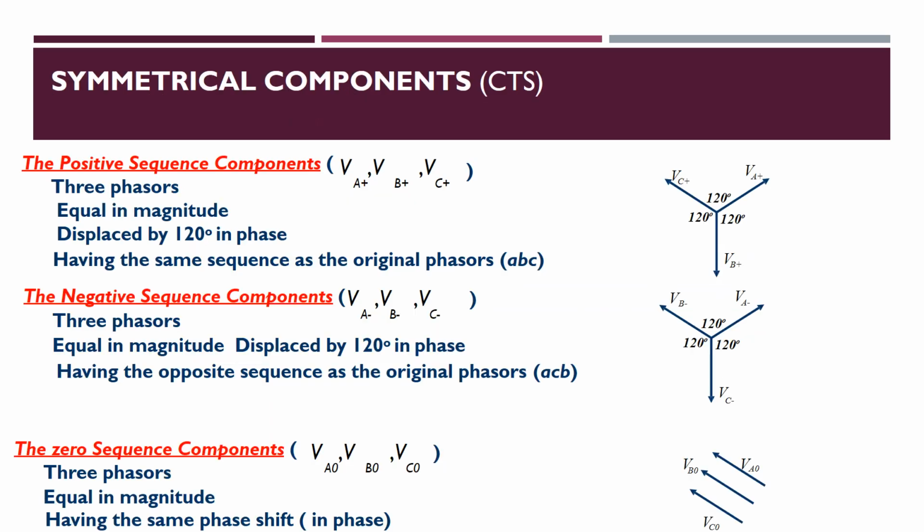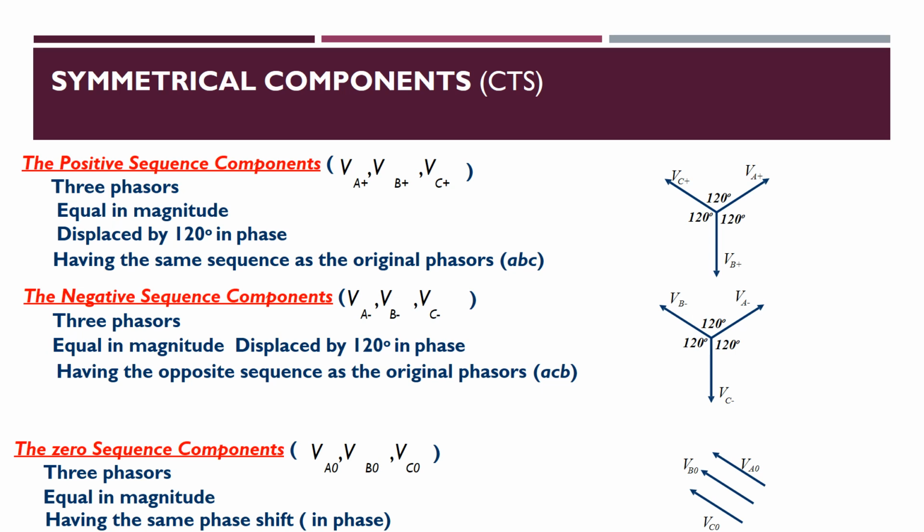Okay, in detail we can see. VA plus, VB plus, VC plus are the positive sequence, and VA minus, VB minus, VC minus are the negative sequence. VA0, VB0, VC0 are the zero sequence. An exemplary phase diagram is given here in the picture.